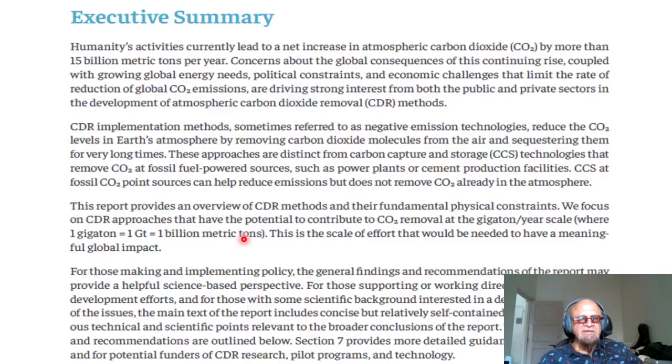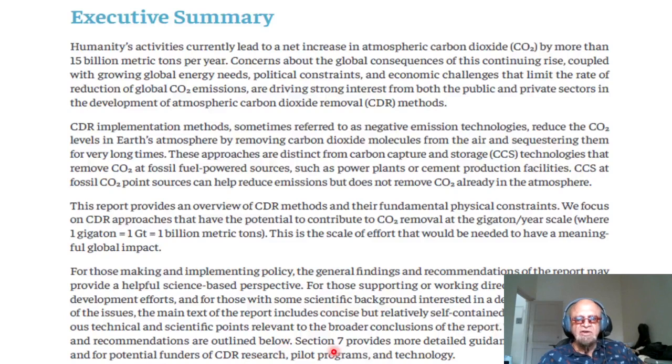For those making and implementing policy, the general findings and recommendations of the report may provide a helpful science-based perspective, for those supporting or working directly on research and development efforts, and for those with some scientific background interested in a deeper understanding of the issue.